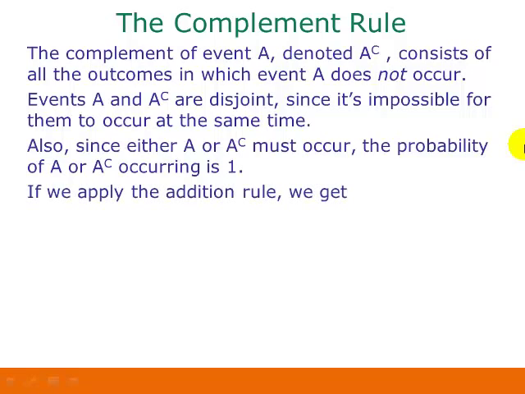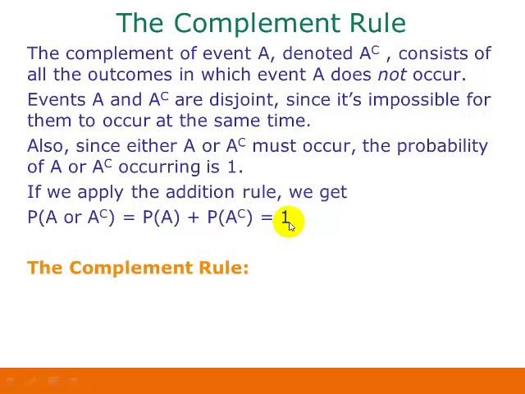Now if we apply the addition rule to this, we get the probability of A or A complement is the probability of A plus the probability of A complement, and we just said that those two together have to add up to 1. So our complement rule says that the probability of A plus the probability of A complement is equal to 1.